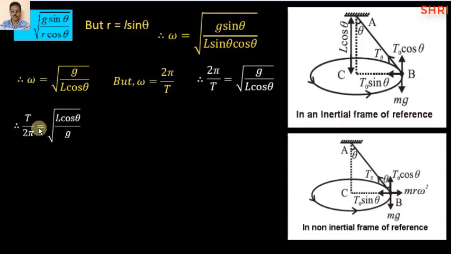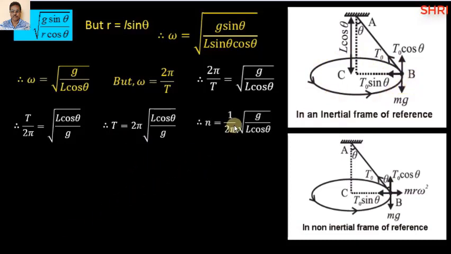T, which was in the denominator, goes to the numerator and 2 pi to the denominator. On the right hand side we make the same change, and take 2 pi to the right hand side. Finally we get the expression for the period of a conical pendulum. Period means the time taken by the particle to complete one revolution.